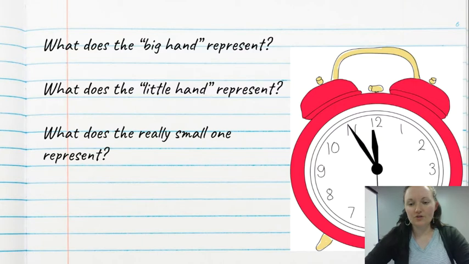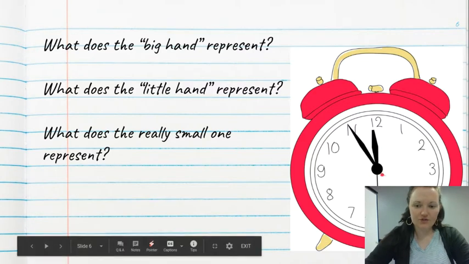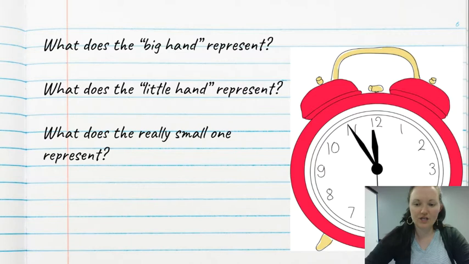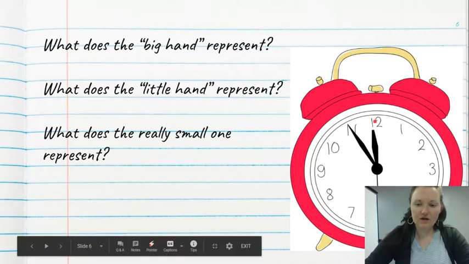This one shows the hour. This one is almost at 12 o'clock. What does the really small one represent? This one's kind of a tricky one. I'll go ahead and tell you what it is. It counts the seconds in a minute. So once it makes a full rotation around to the 12, that means it's been 1 minute.